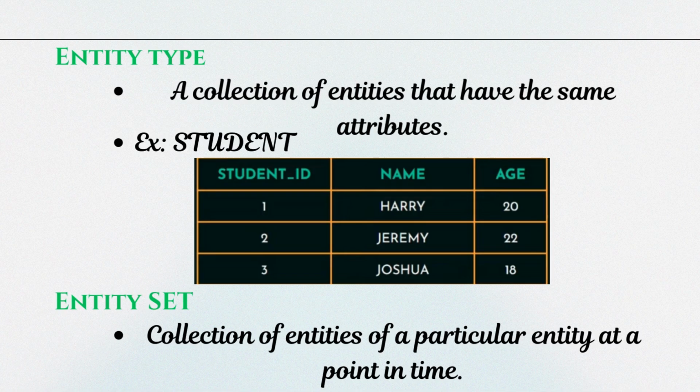So an entity type is a collection of entities that have the same attributes. Now what is an entity set? It is a collection of entities of a particular entity type at a point in time. If I say I need students whose age is between 19 and 23, then at that particular point in time, all the students with age between 19 and 23 form an entity set.